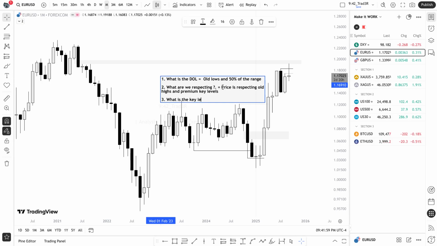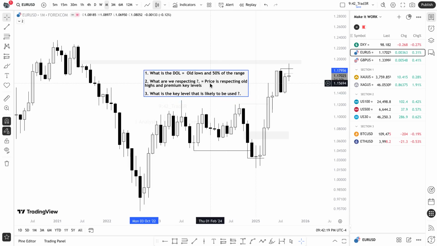This is the key level that is likely to be used. So that's question number 3, which is the 3rd tip and trick on how to catch 100 plus pips trade using CRT strategy.